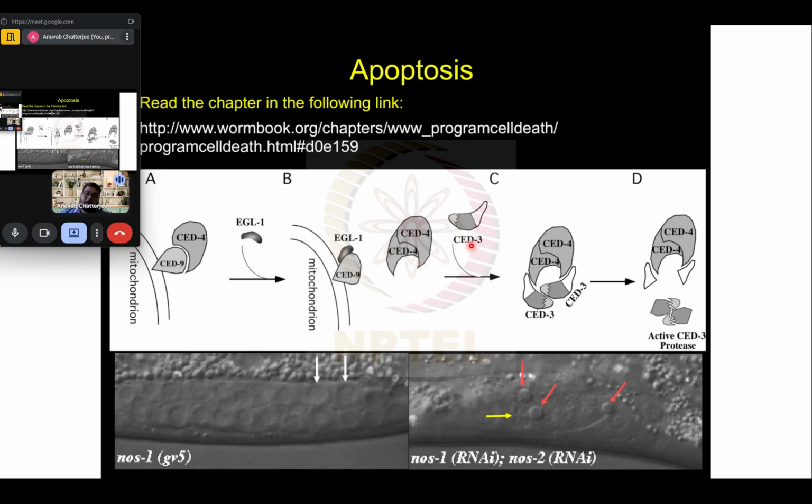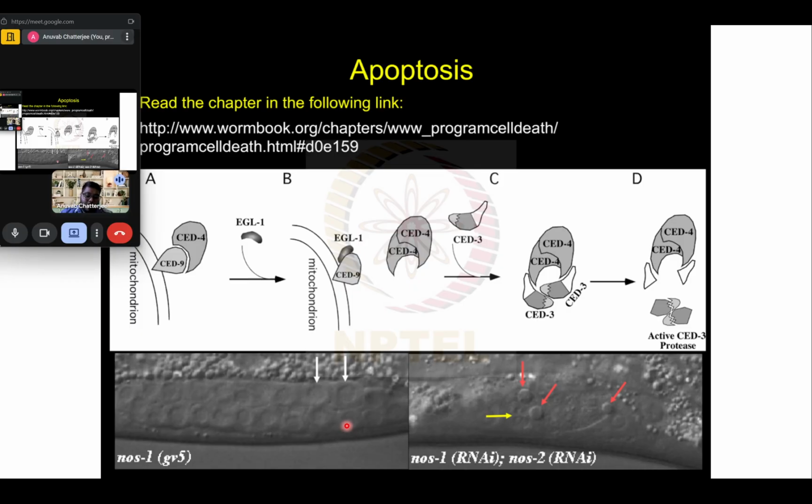SED4 then binds to SED3, and both of these together go ahead and act. Once this complex is assembled, this causes SED3 to be active, and this SED3 protease is known as the executioner protein, which goes ahead and chops everything up in the cell and causes apoptosis.